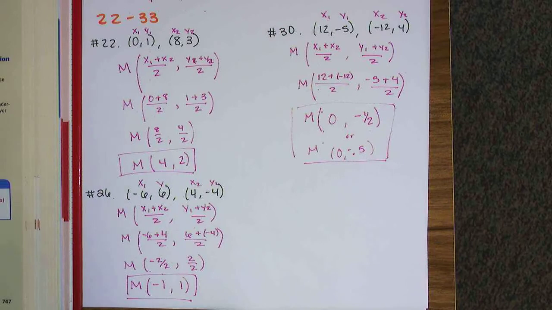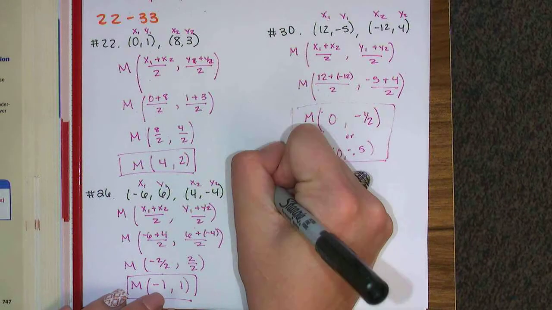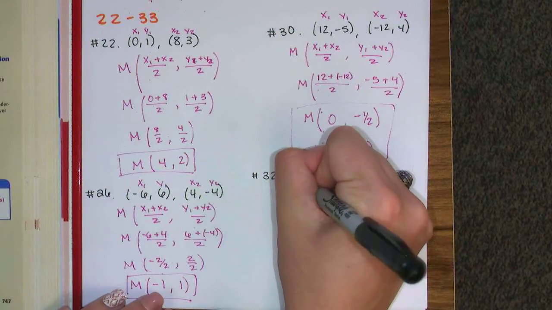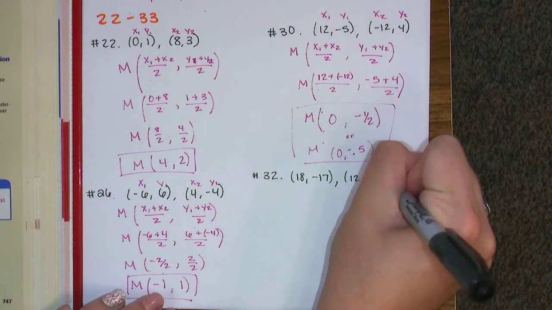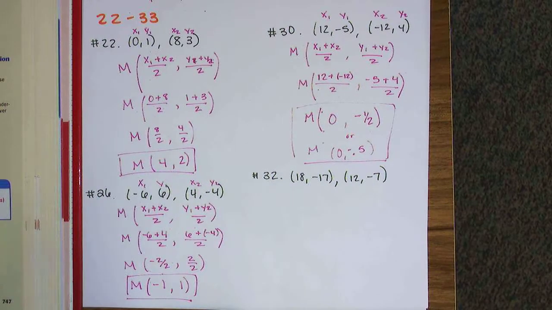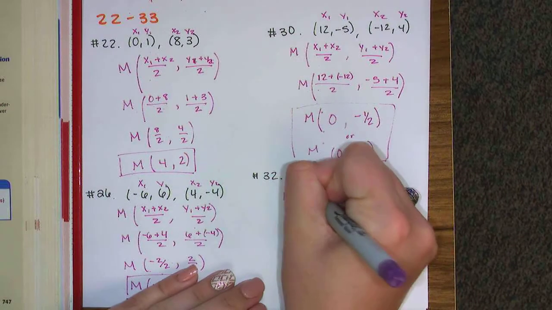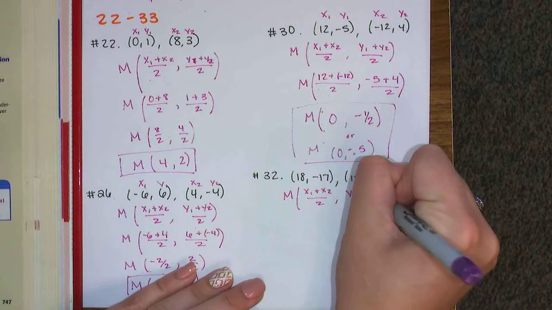Alright, let's do one last one, and then I'll give you guys some homework. I still have some room on the paper to write it. 32 is 18, negative 17, and 12, negative 7. So write the formula: x1 plus x2 over 2, y1 plus y2 over 2.